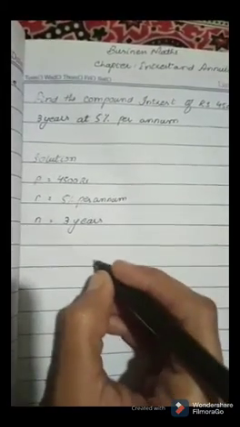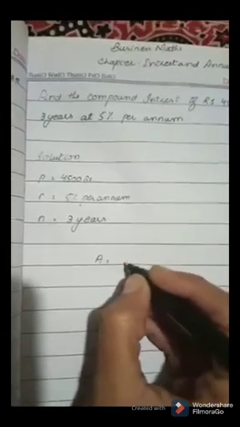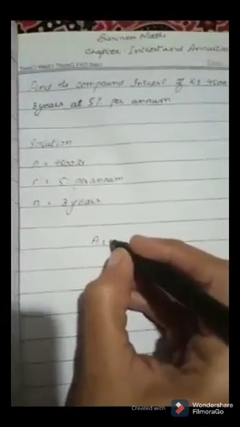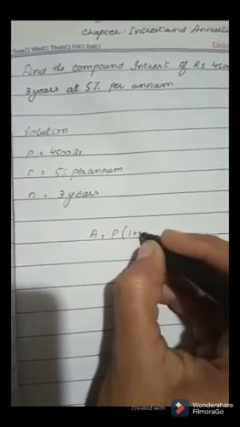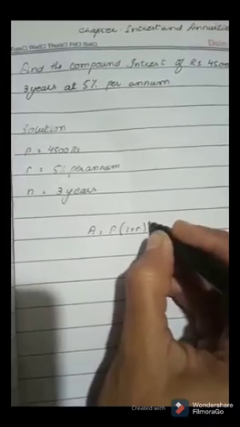So for finding compound interest we have to find the compound amount. The formula for compound amount is A equal to P(1 plus R) raised to the power n.